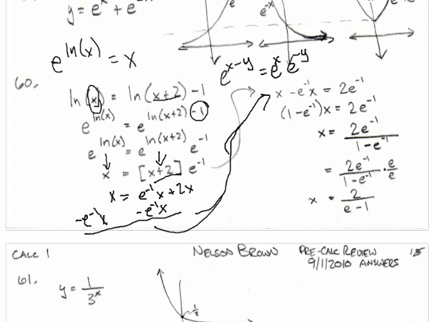And then I factor out x from both of these terms, and I get 1 minus e to the negative 1 quantity times x equals 2 e to a negative 1.